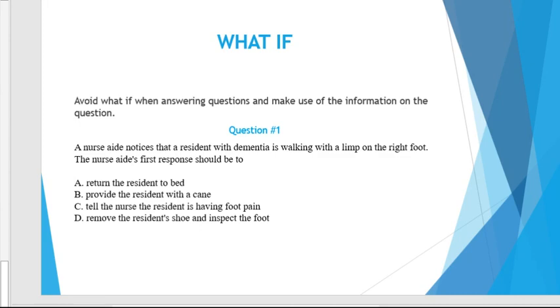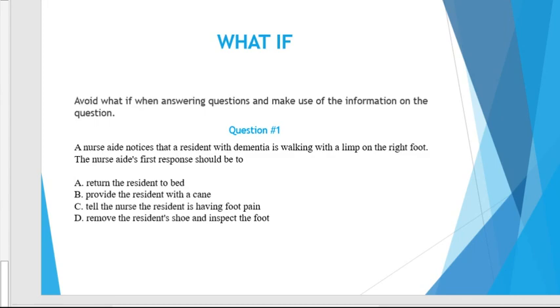Then you tell the nurse that, okay, Miss Jones is limping on her right foot, and I looked at it, she has this or that. I don't have many questions on this, but I can tell you some of the scenarios.